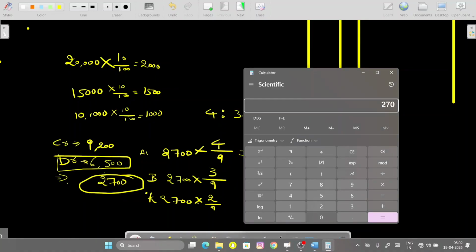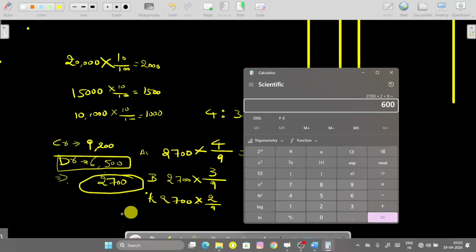So 2,700 into 4 by 9 gives 1,200. Same way, 2,700 into 3 by 9 is 900. 2,700 into 2 by 9 is 600.